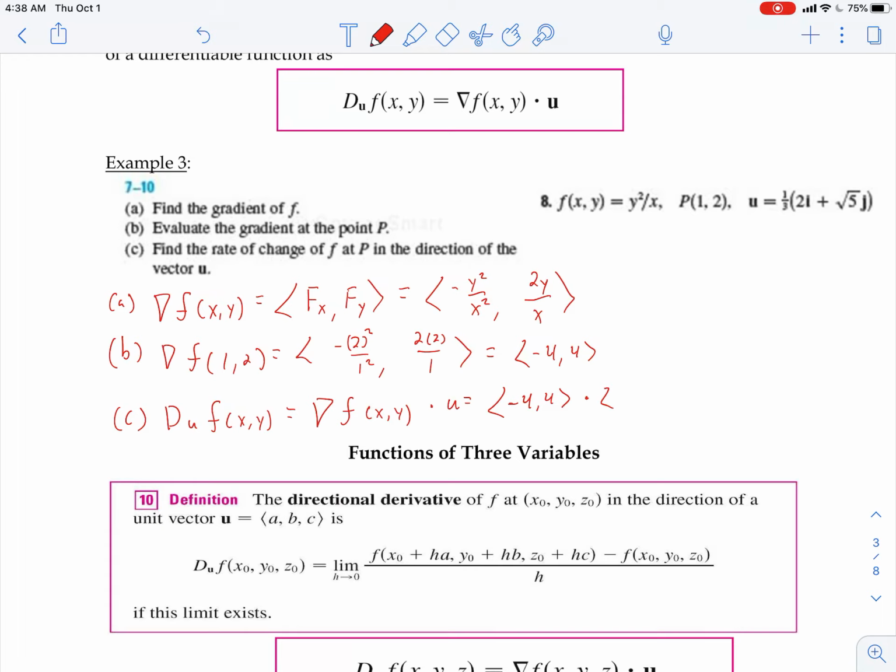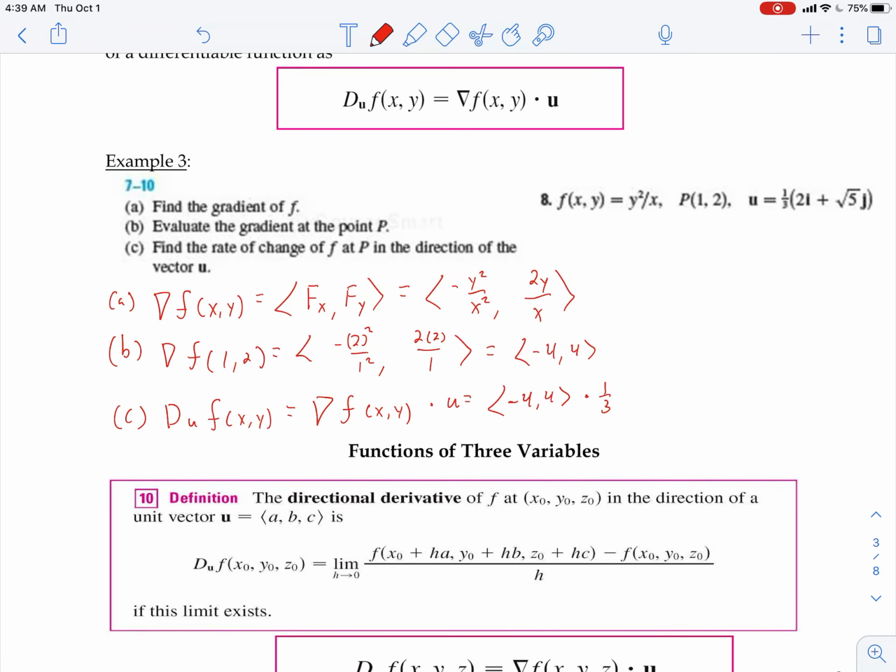That's in standard basis form, so I can put the 1/3 on the outside. 1/3, and then I have 2 and square root of 5. All right, when I do this, I'm going to have negative 4 times 2, which is negative 8, and don't forget that 1/3 on the outside, plus 4 times square root of 5 over 3.